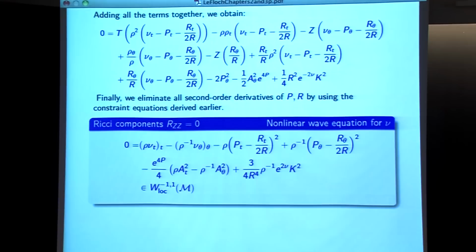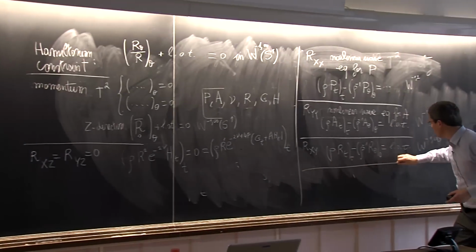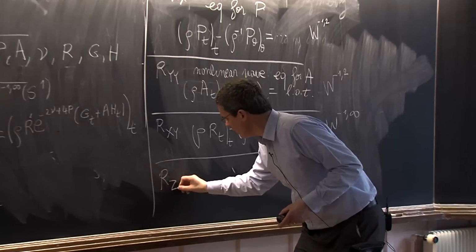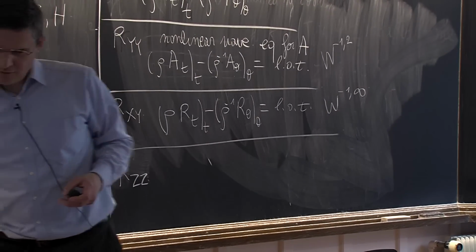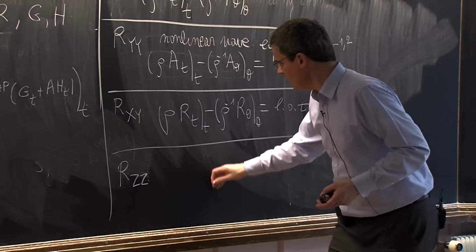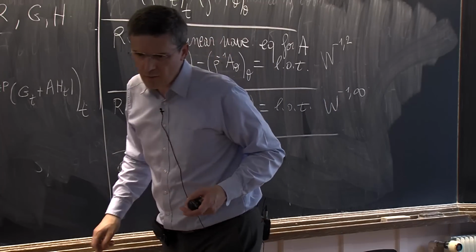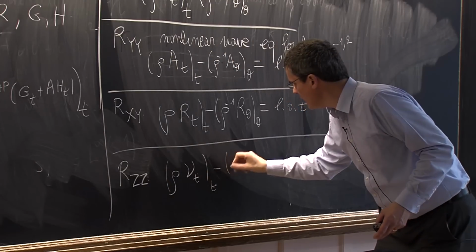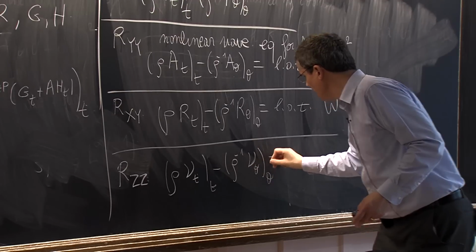Actually, I realized that I was forgetting one component. So here it comes now. You have one more component in the z direction, which starts the same way: rho ν_tt minus rho^-1 ν_θθ.